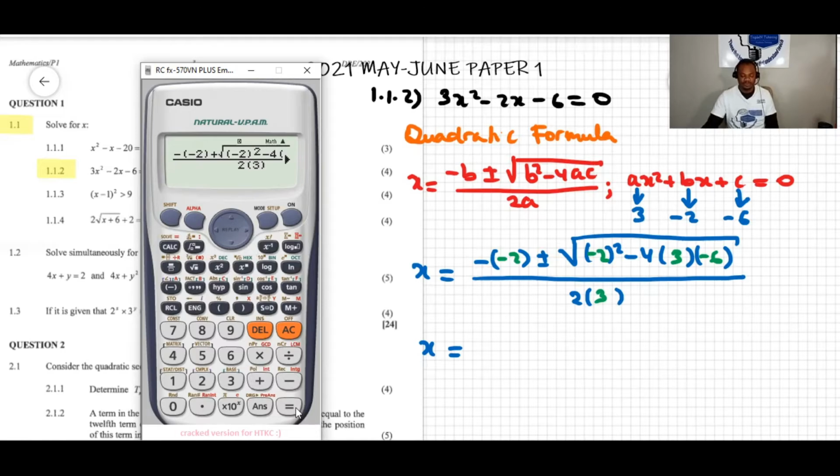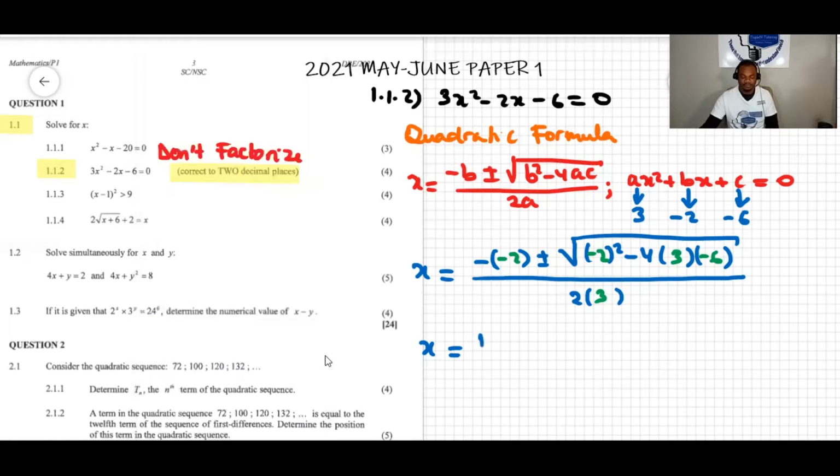When we press equal, we get the solution 1 plus minus square root of 19 over 6. Now, we have 2 solutions here.